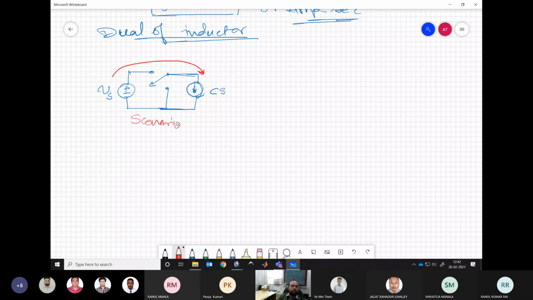This is scenario 1. Now we may have another scenario where the current source is actually sending power back to the voltage source, which is possible. We may have regenerative loads, let's say a DC motor, that may send power back to the voltage source. This is scenario 2.